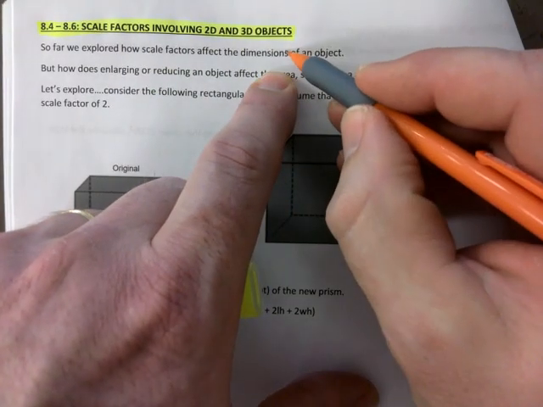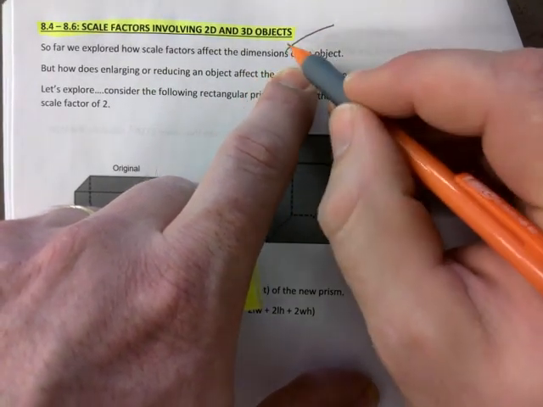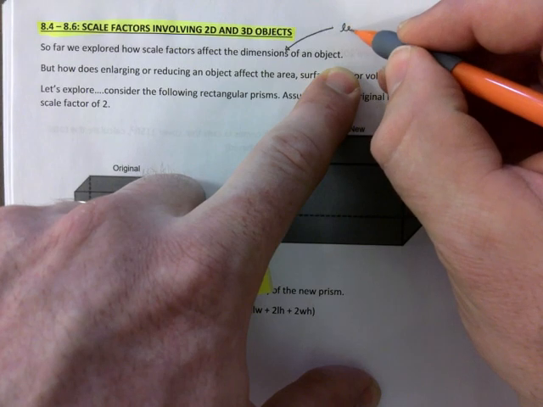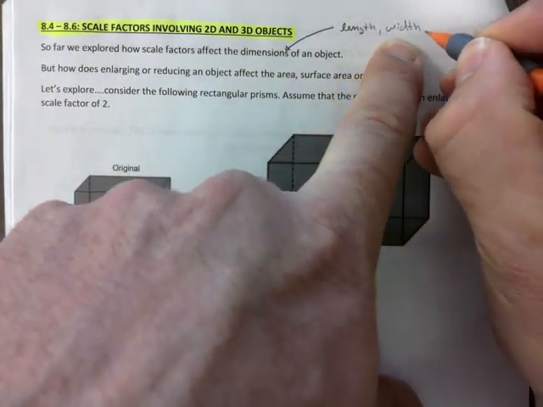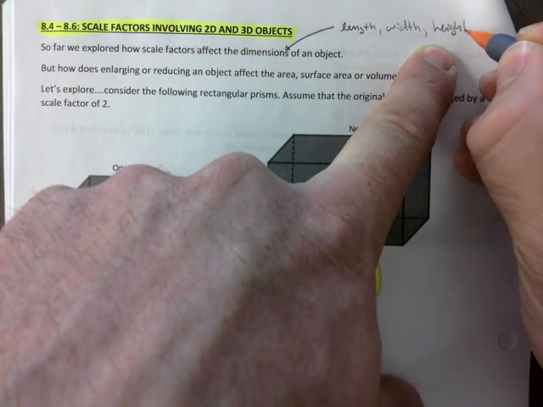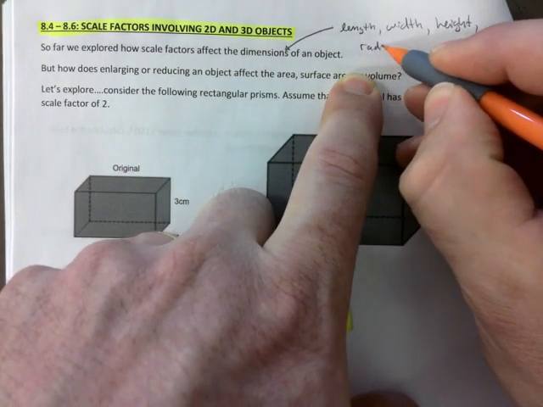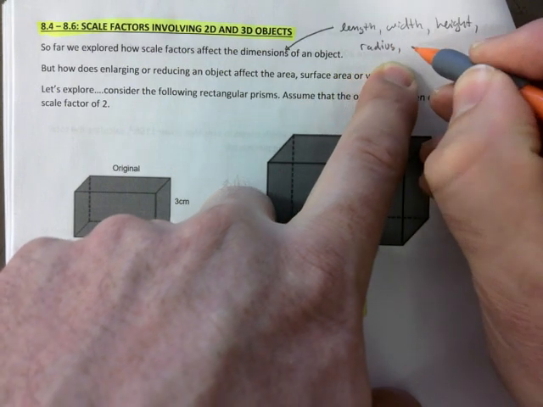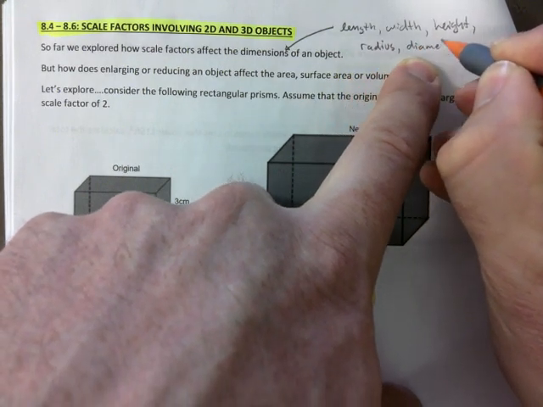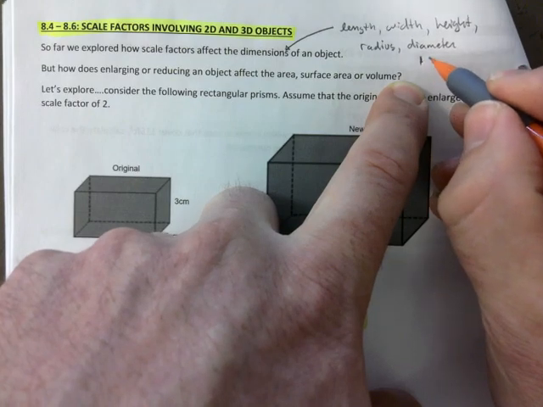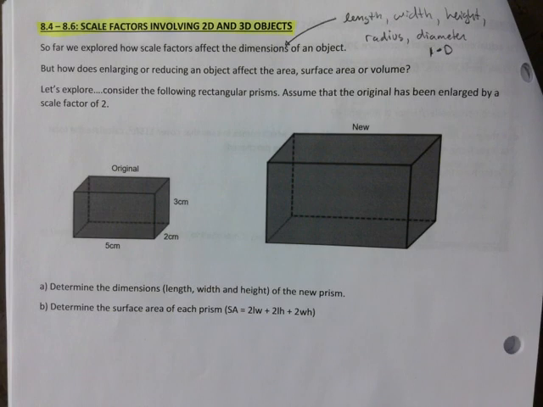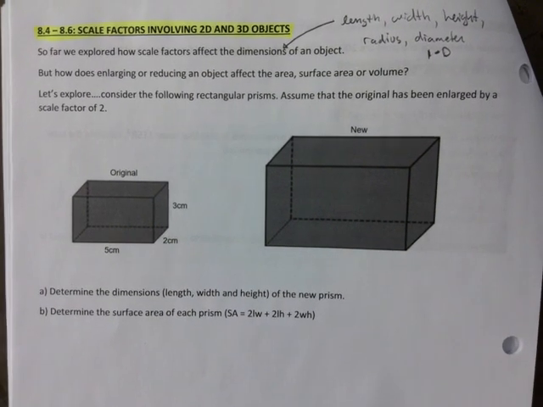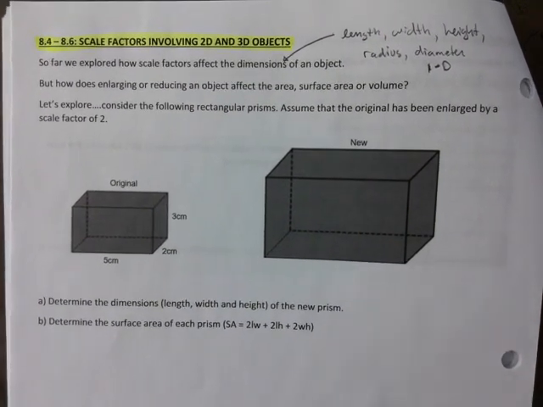Dimensions would be length, width, height, radius, diameter. It's basically one dimensional. When we talk dimensions, we're talking about the measurements that make up that shape.